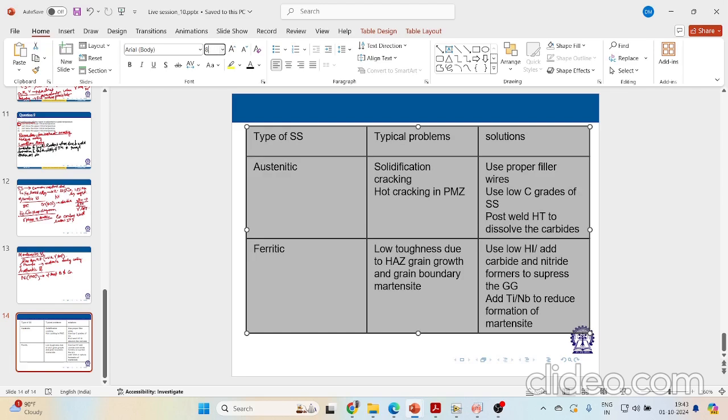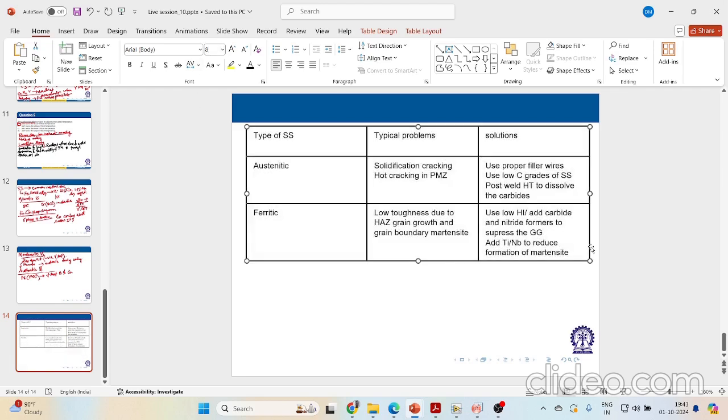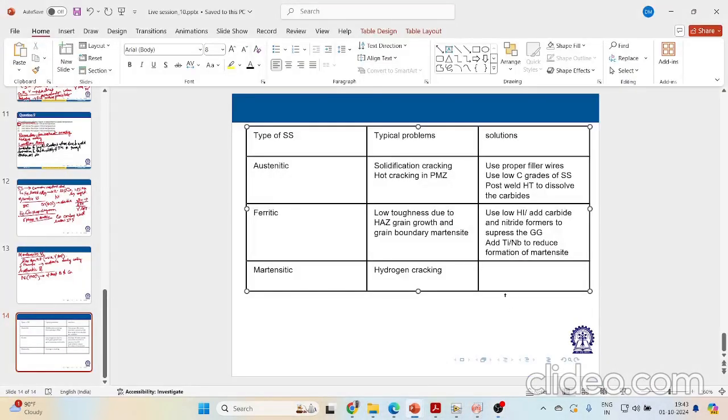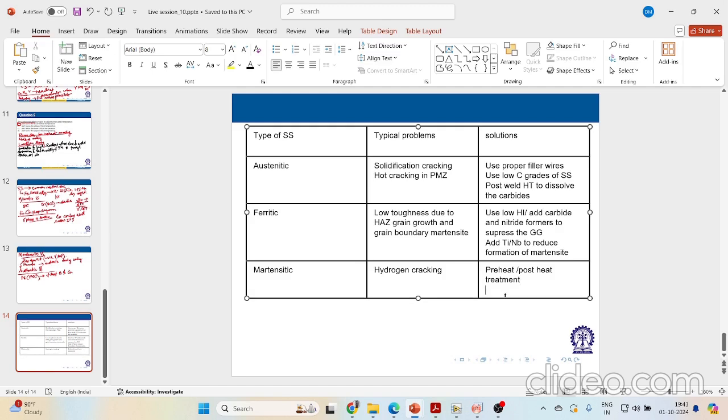so next we'll be talking about martensitic stainless steel. And what are the solutions? Preheat or post heat treatment, or you can use low hydrogen or austenitic stainless steel.